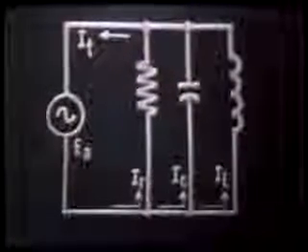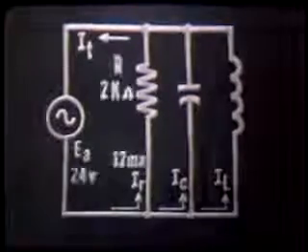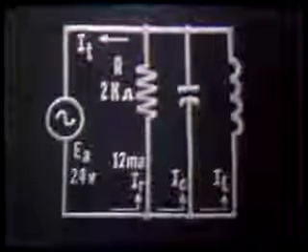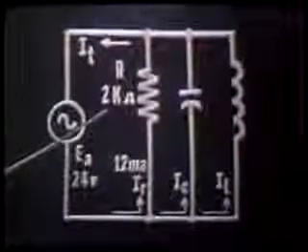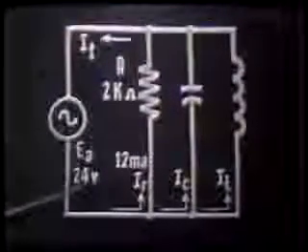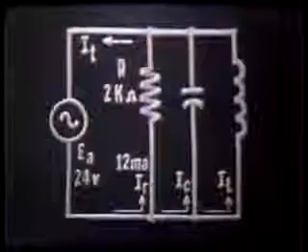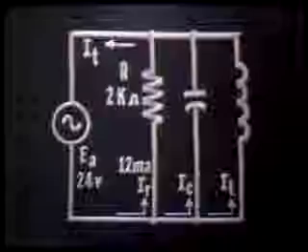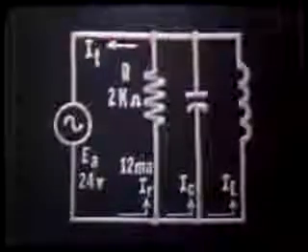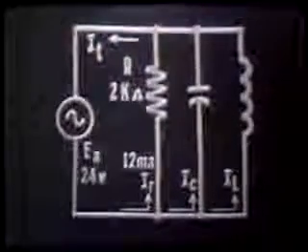Solving for branch currents by applying Ohm's law and plotting the current vectors, suppose we assume our resistor is 2K ohms with an applied voltage of 24 volts. Using Ohm's law, our current would come out to be 12 milliamperes. We would plot this on a vector like this, where IR would be equal to 12 milliamperes at 0 degrees and in phase with EA.